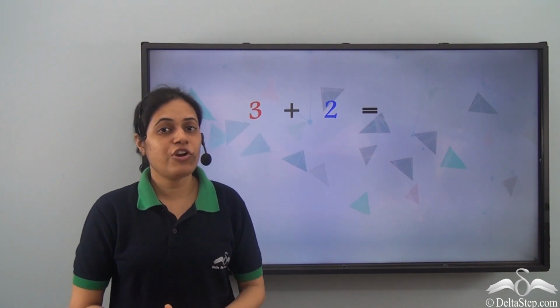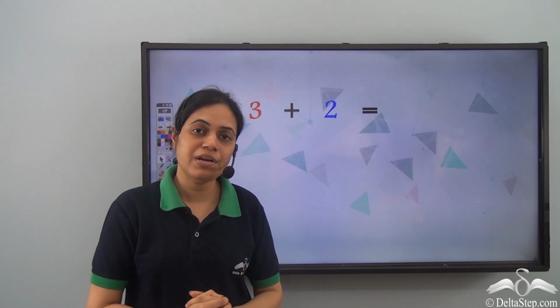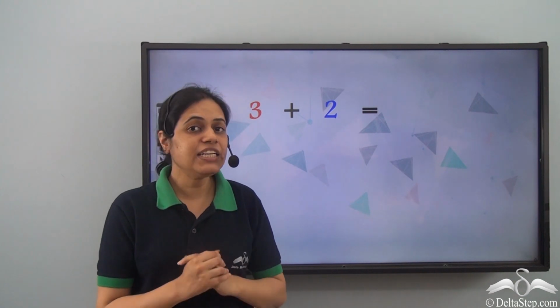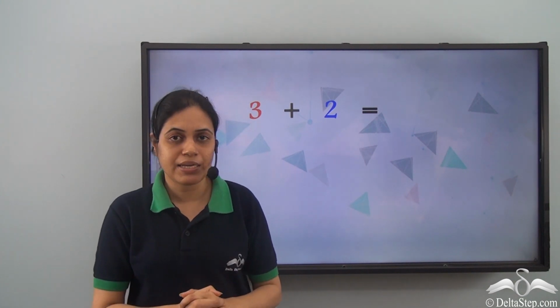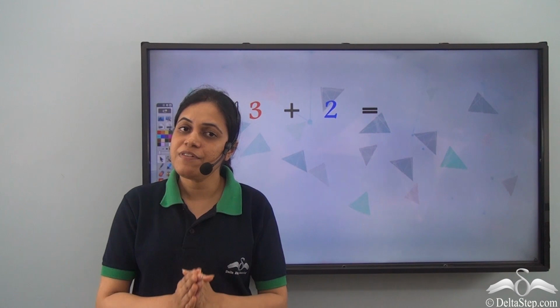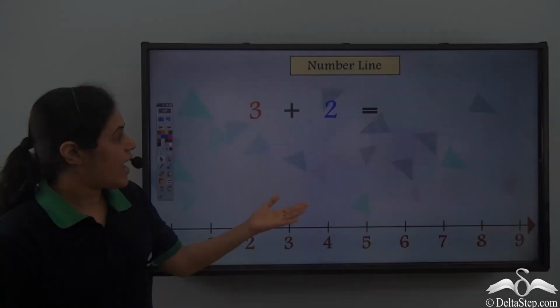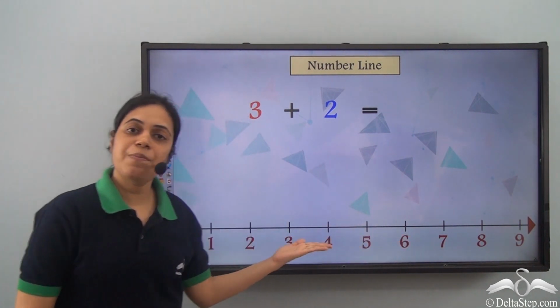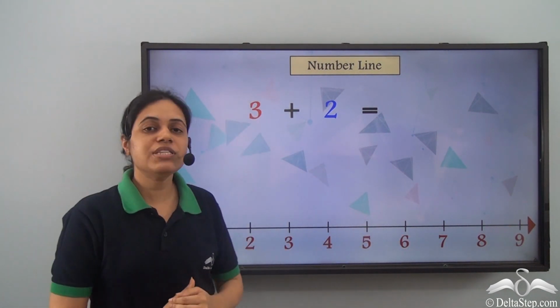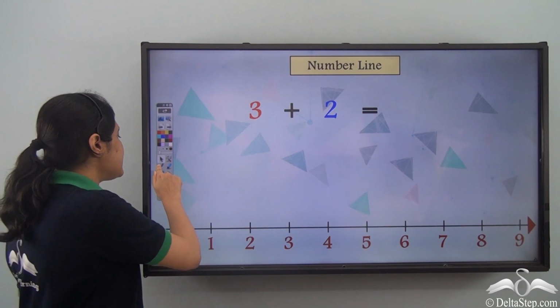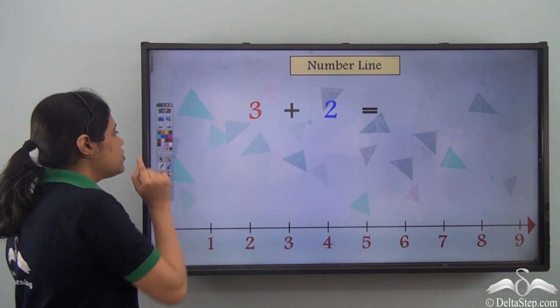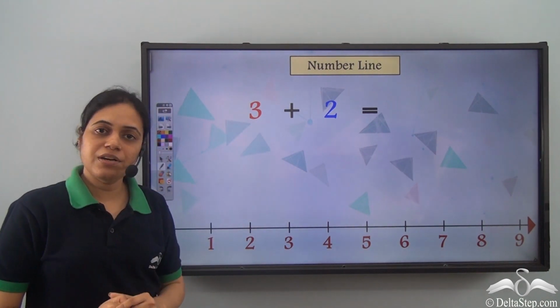Well, we have already learned how to make a number line and I can take the help of the number line. So first we make a number line like this and I take the help of this number line to do this addition. Let us see how I can do that. So I have 3 here.